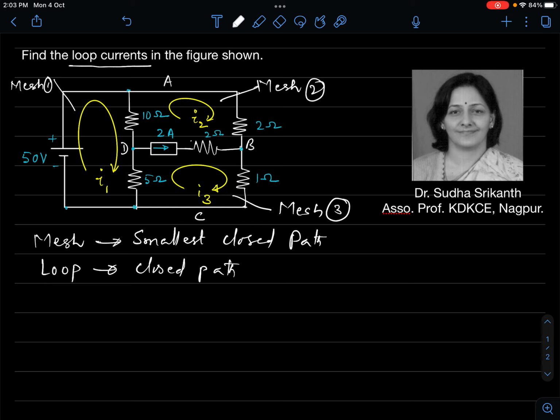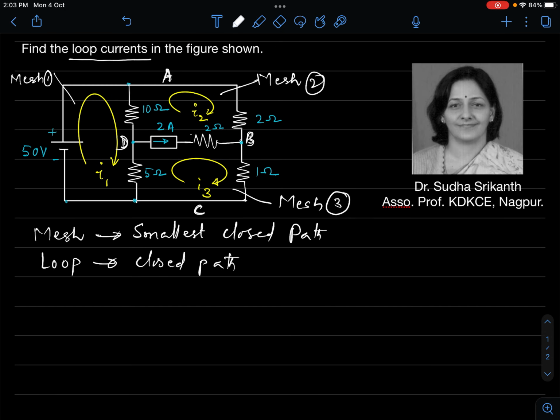If I look at this network, I can define a loop as node A, node B, node C, and node D, and back to node A. Alternatively, we can go from A to B to C and this way, via the source. That is also a loop. So you have to distinguish between loops and meshes, though one interchangeably uses these terminologies.